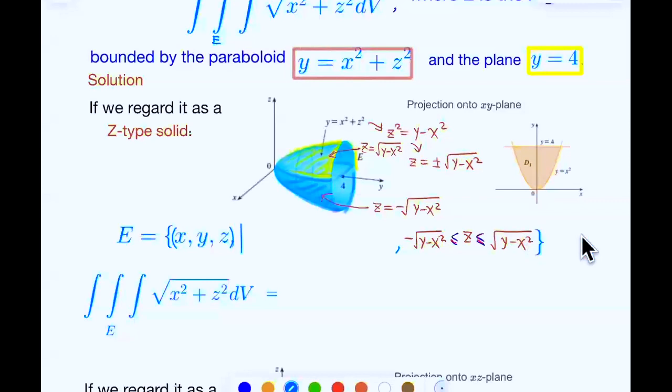And then now that we have it as z-type, we can project this onto the xy plane. Over here, we got this region on the xy plane. So we got this.